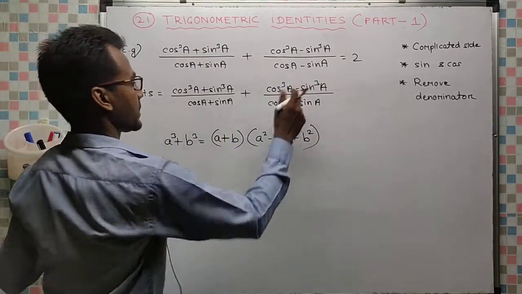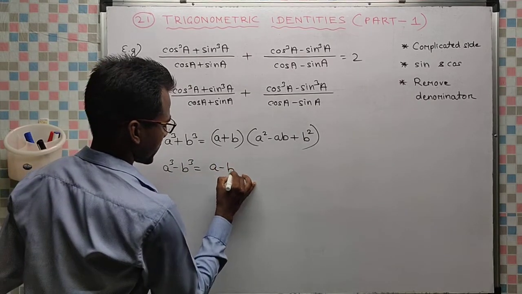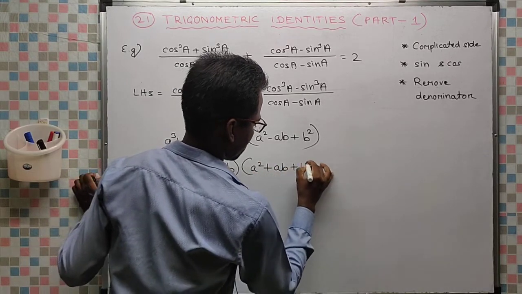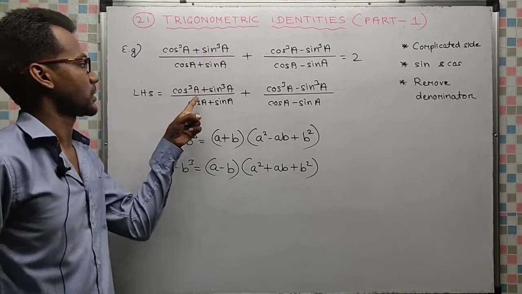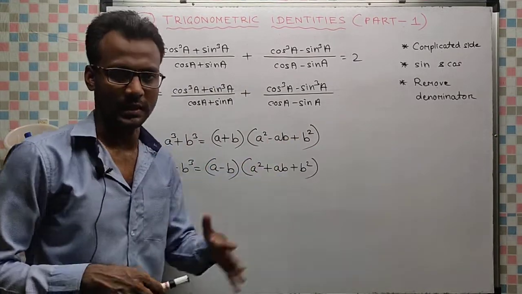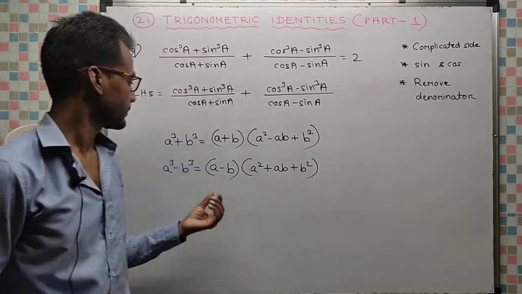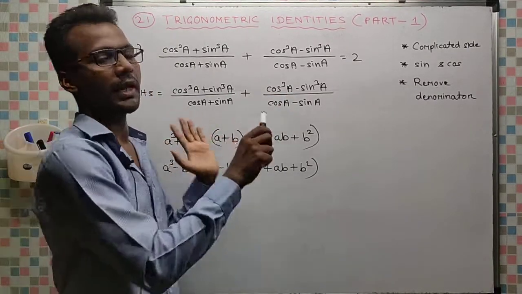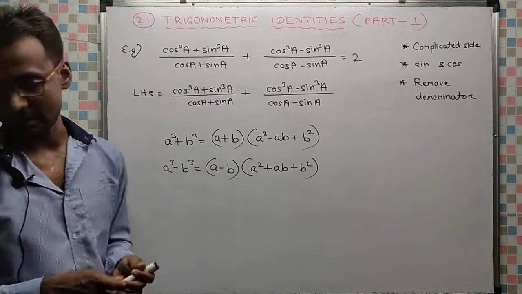Similarly, a cube minus b cube can be factorized into (a minus b) whole into (a square plus ab plus b square). So if we factorize cos³A plus sin³A, you are going to get cos A plus sin A whole into something else. After that we can cancel cos A plus sin A. Similarly here, after factorization you get cos A minus sin A in the numerator, then you can cancel. So we are going to be in profit; we can gain from this by factorizing.